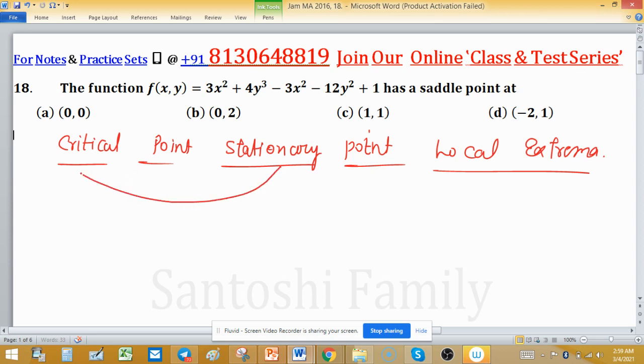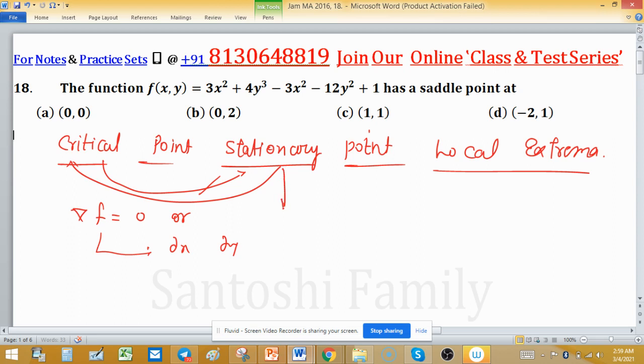Each stationary point is a critical point, but every critical point is not a stationary point, because a critical point is where the gradient is 0 or this is not defined, in the sense that either the partial derivative with respect to x or with respect to y does not exist, or both do not exist.